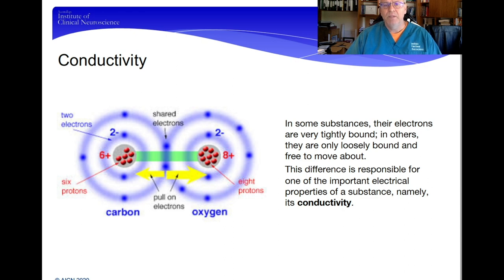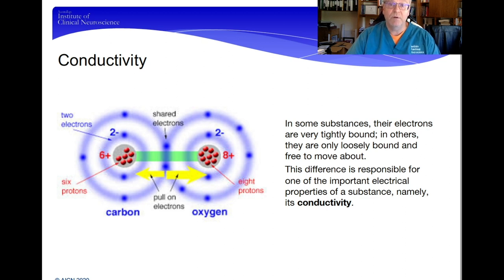These electrons are able to move from one area of the molecule to another, even into other atoms and molecules, if we put them under the right conditions. So the first thing we need to look at is, what are substances that have tightly bound electrons or loosely bound electrons?